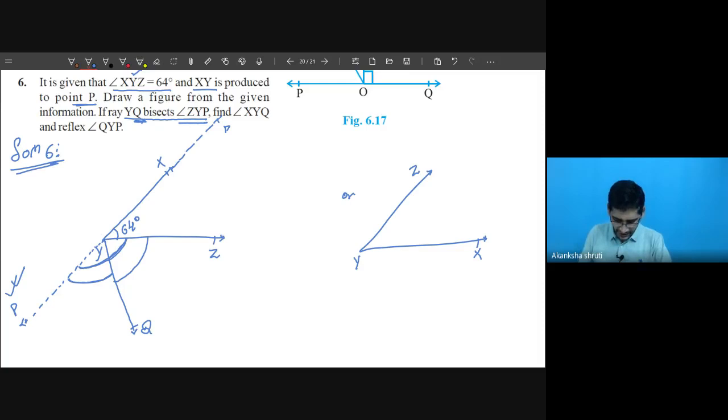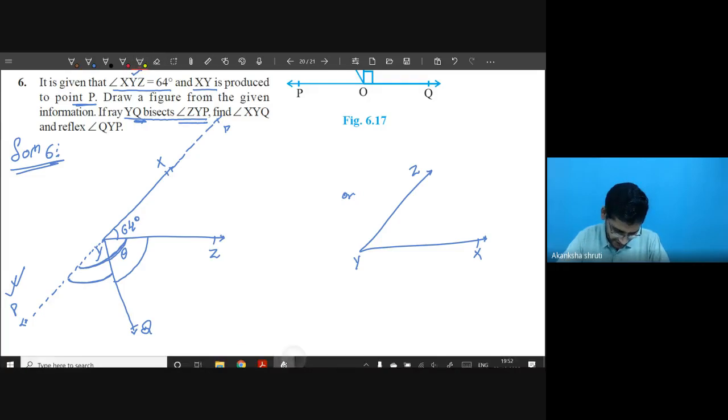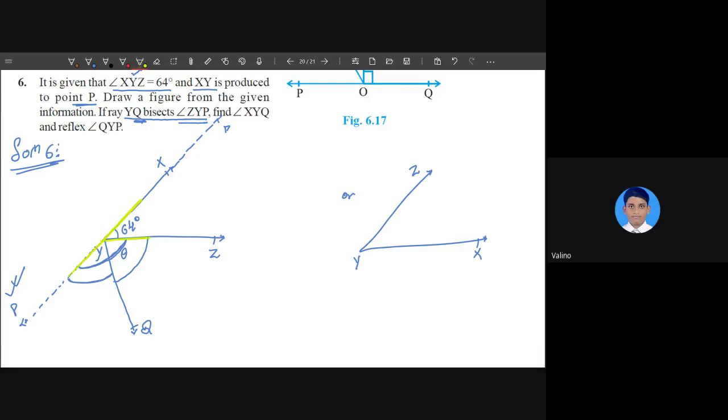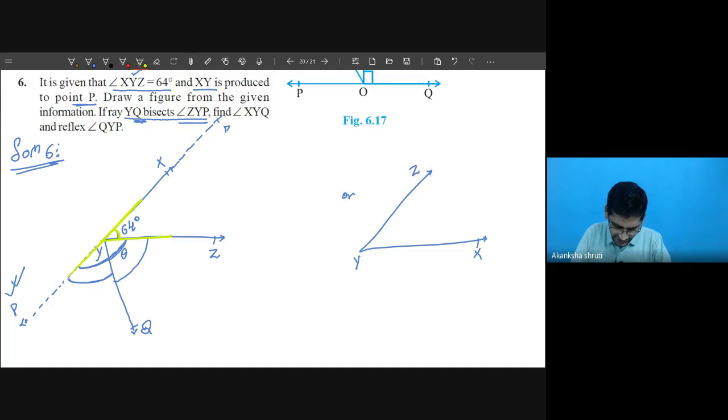So what will this bigger angle be? If I consider this angle ZYP as theta, then what will be the value of ZYP? Students, that we can calculate by considering this as a linear pair, with the 64 degree angle. This value can be calculated. So theta we will first calculate. Then the other equal half, the bisector angle, is half of this one. This concept we have to use here.